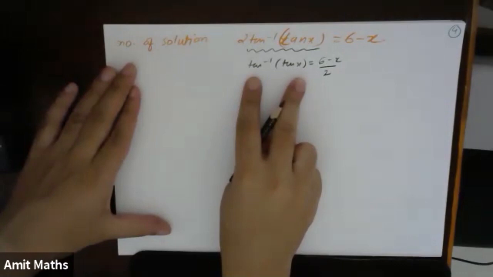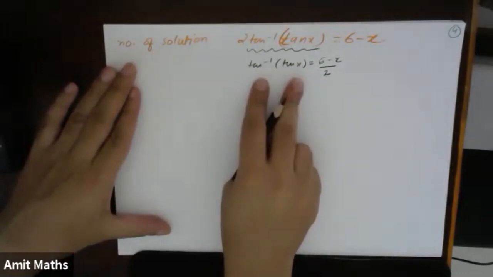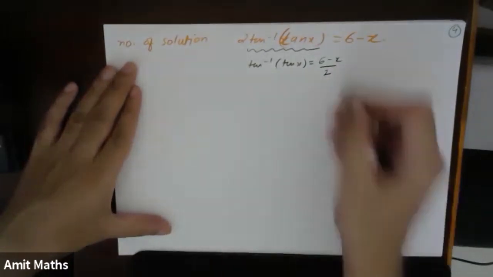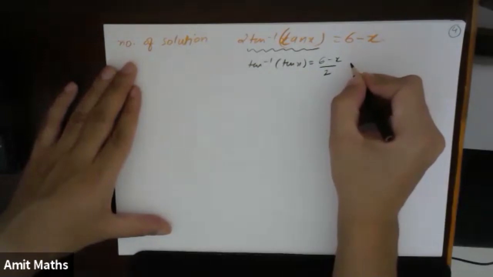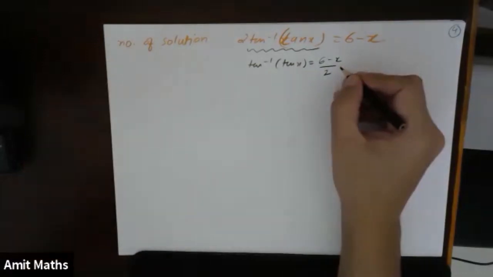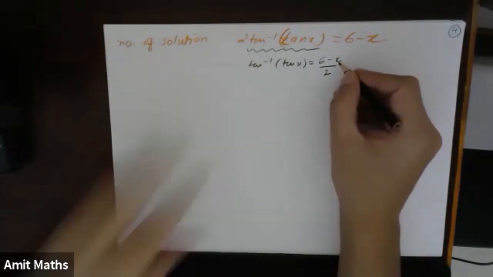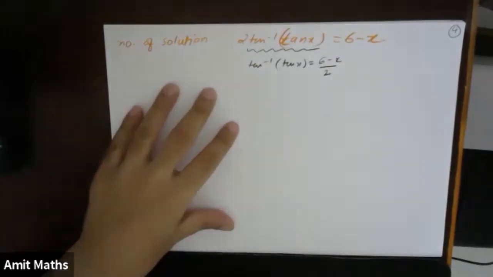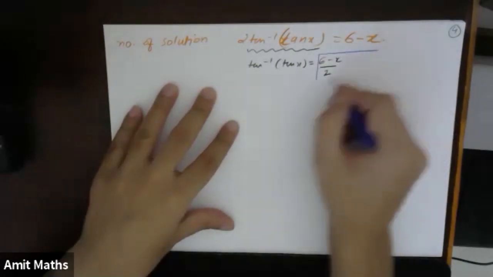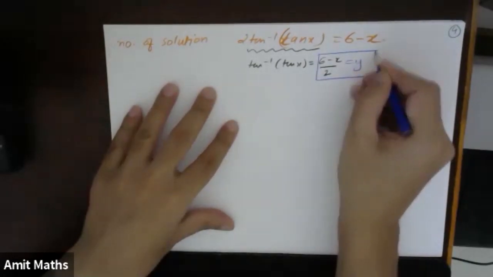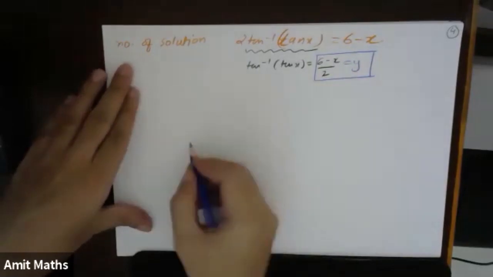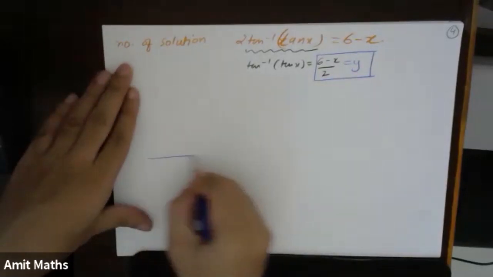I will draw the graph of tan inverse of tan x, but before that, I will first draw the graph of this part, which is y equals (6 minus x) by 2, on the same plot.